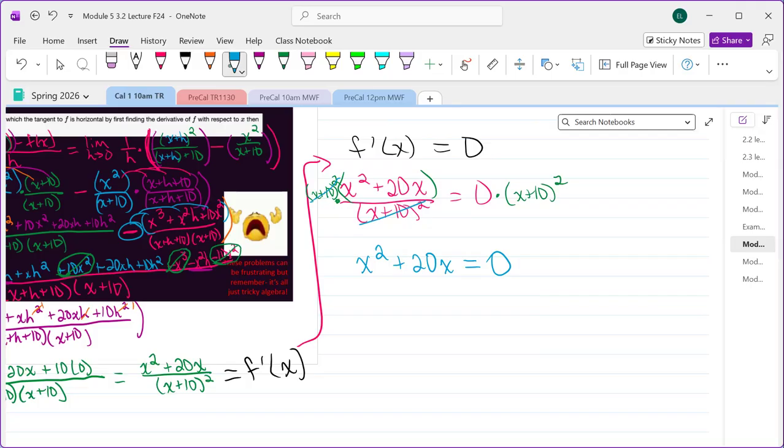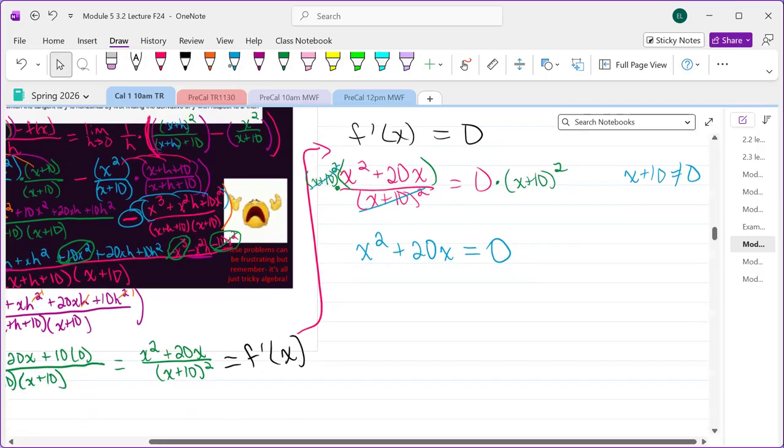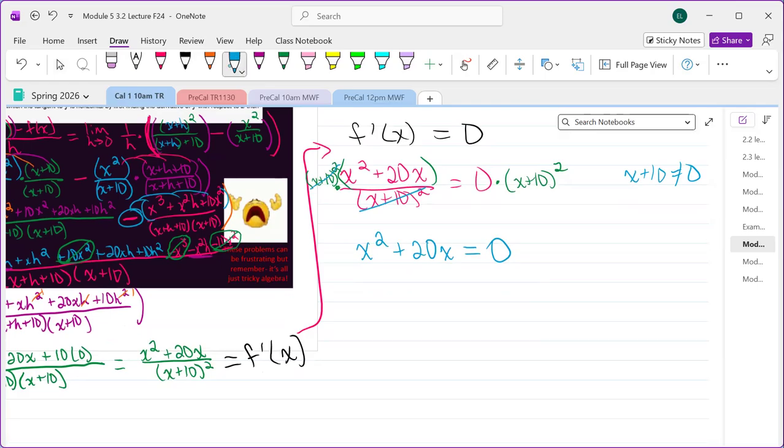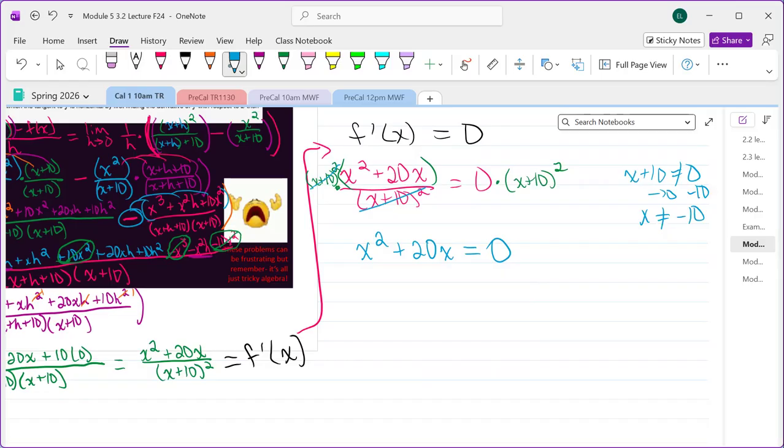Now, whenever we multiply by something with a variable, we do have a caveat to the side: x plus 10 is not allowed to be 0. But the original function was dividing by x plus 10, so the original function is already not defined there. That's a caveat we have, but we already had it. As long as we don't get a negative 10 when we're solving the rest of this, we're fine.